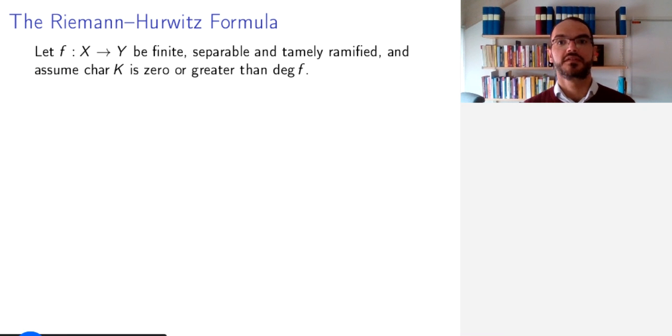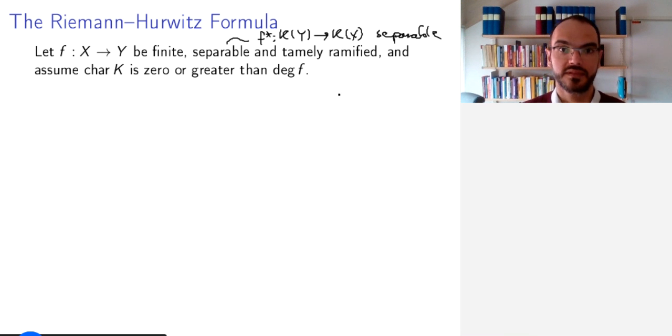Equipped with all of this, we can state the Riemann-Hurwitz formula. So we take x and y as usual, smooth irreducible projective curves, and we take f to be a finite, separable, tamely ramified map from x to y. Finite means what I explained a few slides ago. Separable means that the field extension that this defines is separable.